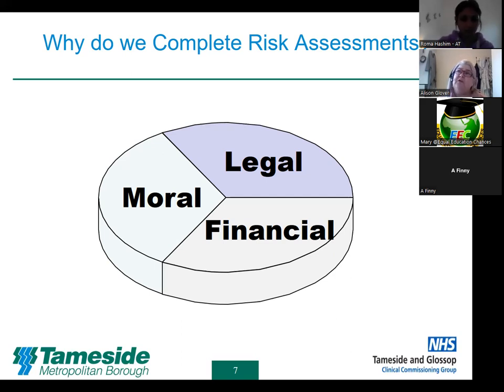It's also worth considering that financial aspect as well. If there was an accident and there was an investigation carried out by the HSE, the Health and Safety Executive, they're the organisation that enforce health and safety legislation, they're the regulator.